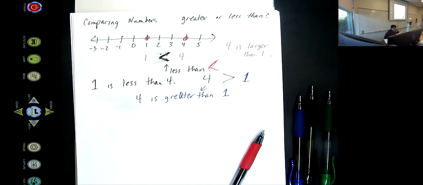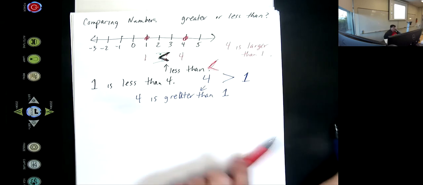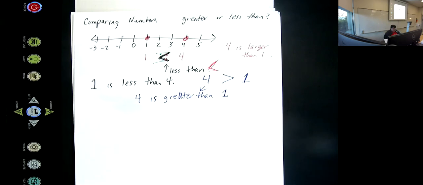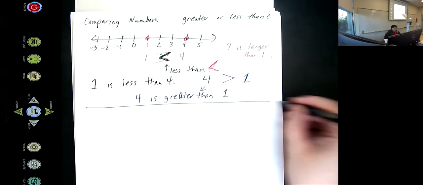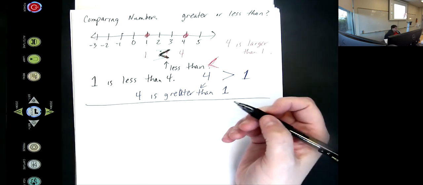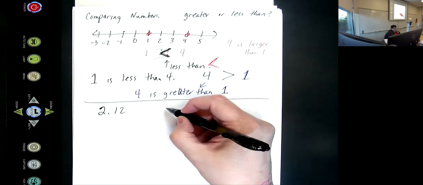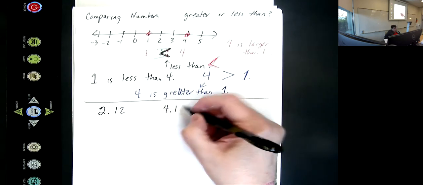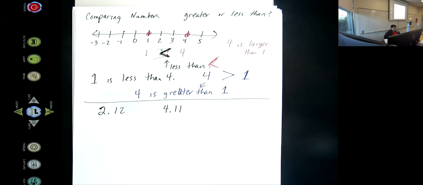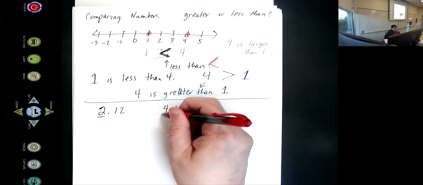This holds true with decimals. So if we look at comparing with decimals, always start with the numbers on the left first. So if I'm comparing 2.12 and 4.11, focus on the numbers to the left of the decimal first.